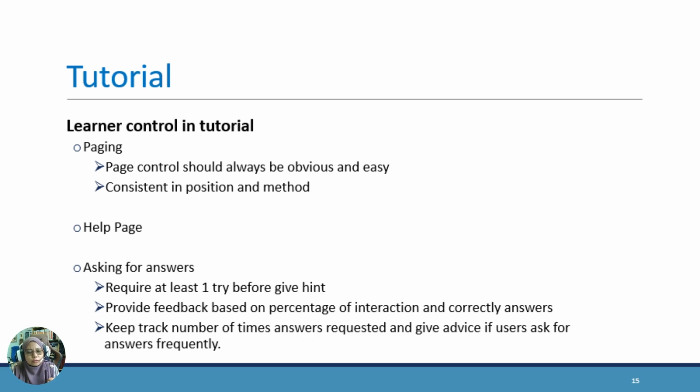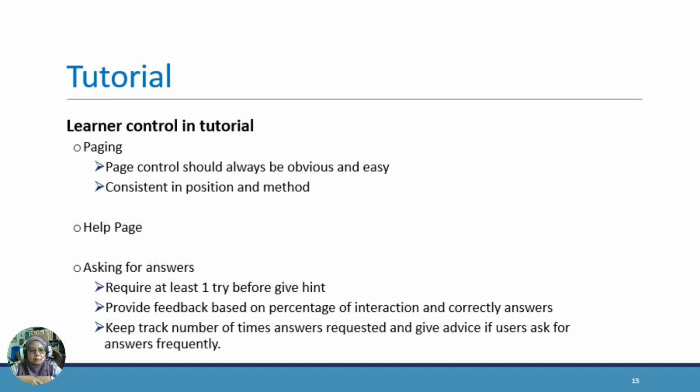Here we have several approaches to asking for answers. For example, require at least one try before you give the hint. Then maybe you provide feedback based on percentage of interaction and correct answers. Maybe you give your user two chances to answer, and if they cannot answer correctly, you give the feedback.